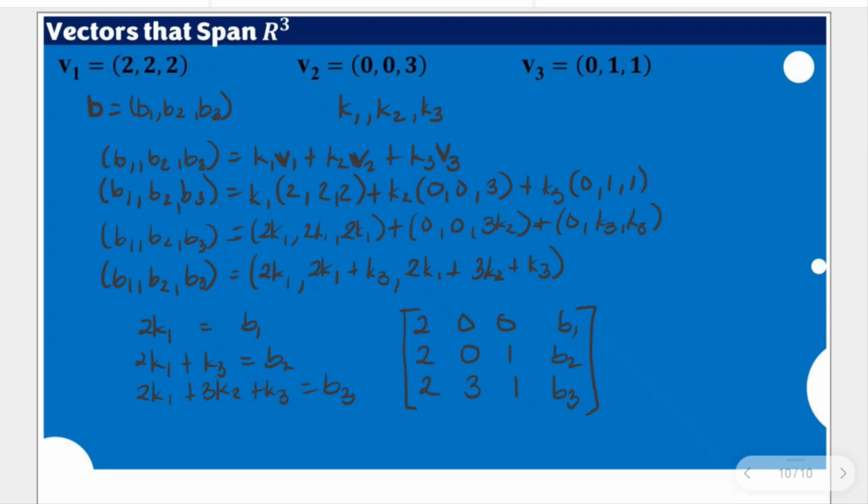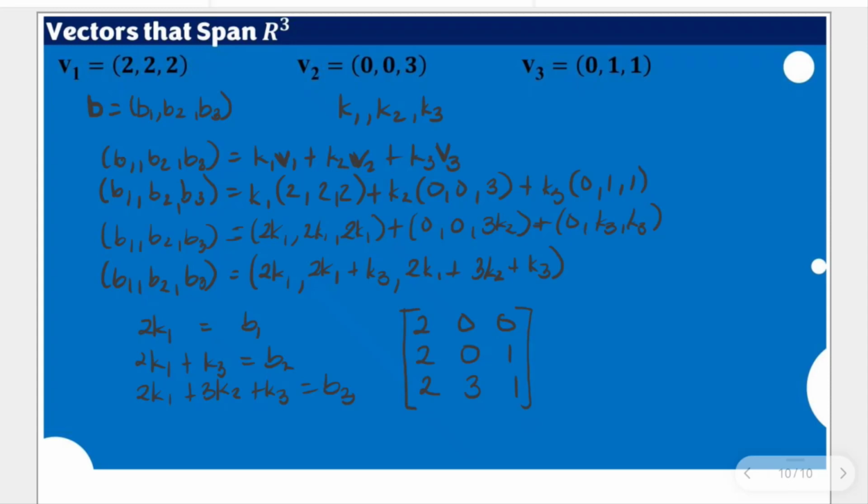Here, we cannot use Gauss-Jordan elimination, which we usually do to look for the values of k sub 1, k sub 2, and k sub 3. Instead of this augmented matrix, let's just have the coefficient matrix: 2, 0, 0; 2, 0, 1; and 2, 3, 1.